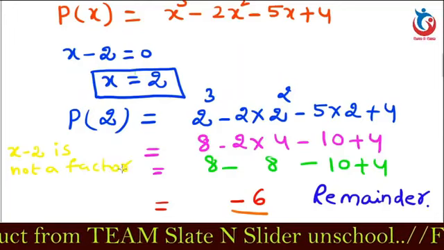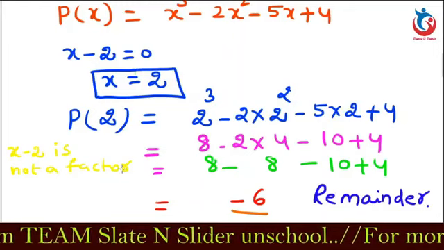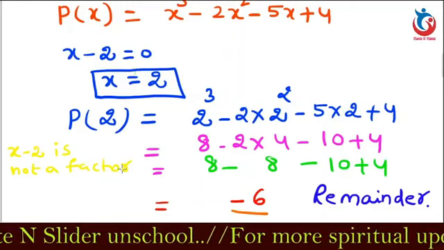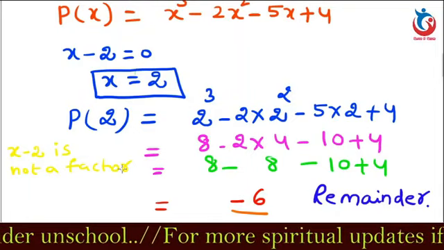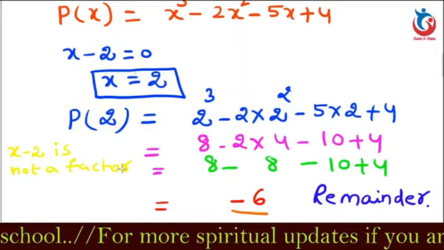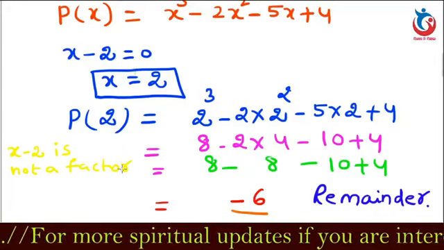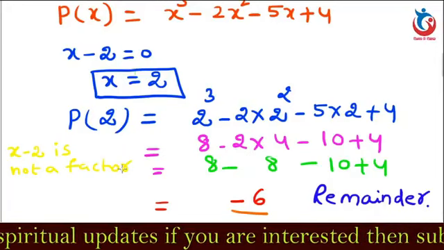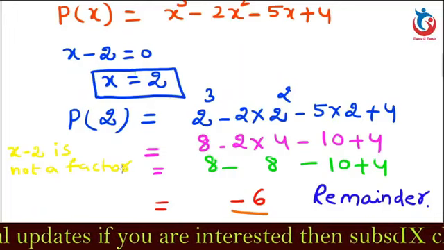So like this we have to find the remainders and the quotients also. For the quotients we have to use the Vedic method or Horner's synthetic method. For the remainders only, we can use the remainder theorem. So now you have to do this example, exercise 2.3.